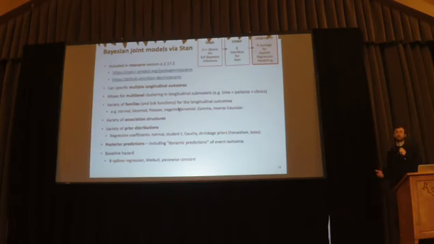In this most recent version, we have a bunch of features: multiple longitudinal outcomes, multi-level clustering, so patients clustered within clinics, for example, a variety of families, link functions, association structures, baseline hazards, and so on.